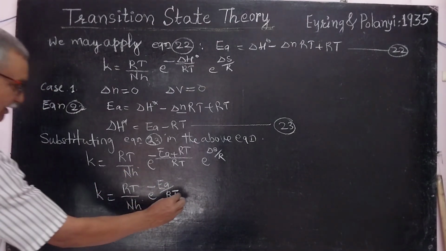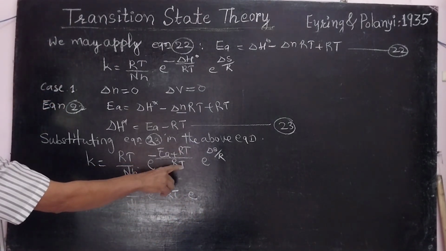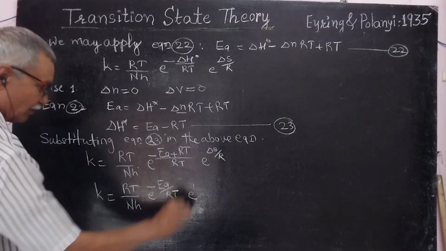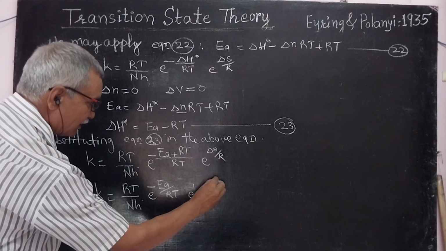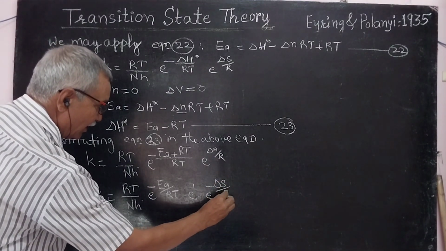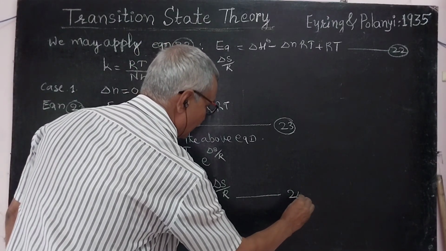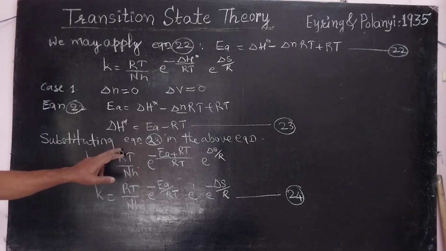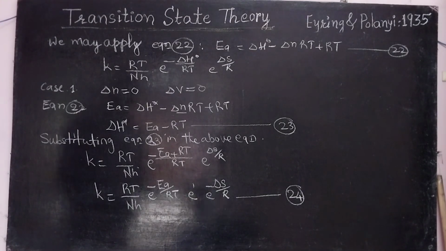Then the RT plus RT in the denominator gets cancelled and becomes equal to 1, and e raised to delta S star divided by R remains. Suppose this is equation 24, which is applicable to a gaseous reaction in which delta N is equal to 0.